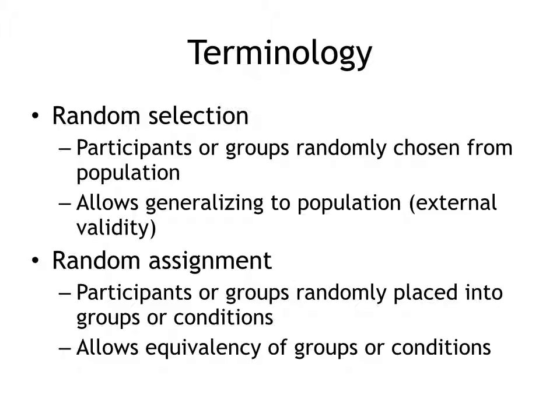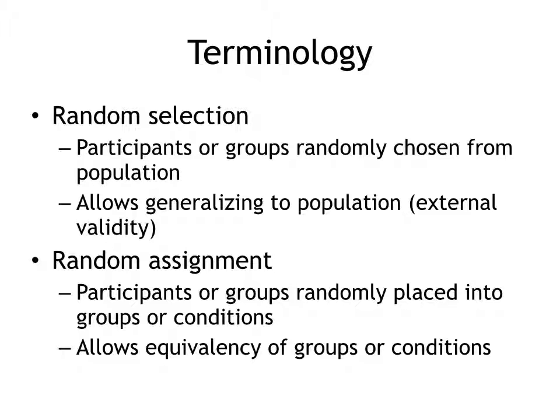Now, as I talk about experimental research, there are a couple of terms that are really, really important. First of all is random selection. Go back to your text and look for this one if it confuses you or you're not quite clear what it is, because it is so absolutely central to experimental designs. Random selection means that you take your population and you randomly pull out subjects or groups from that population.